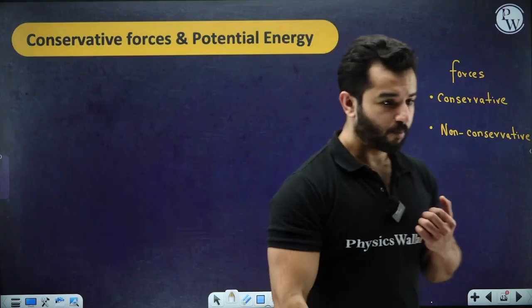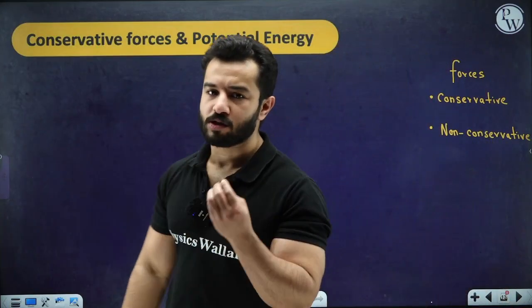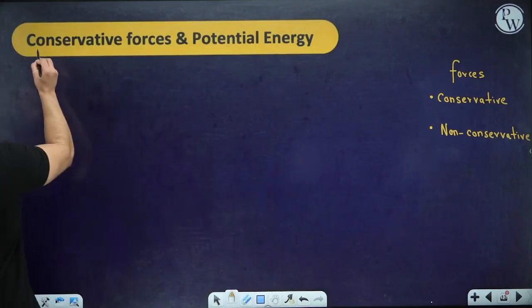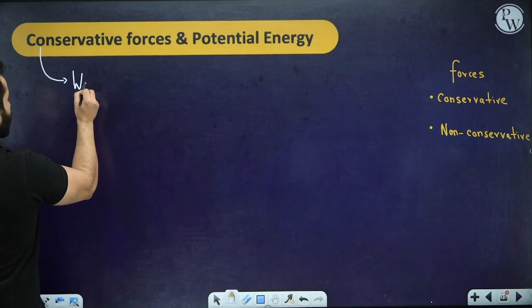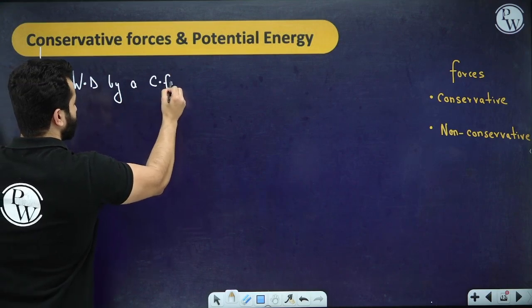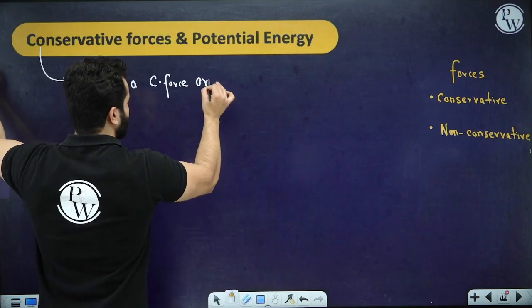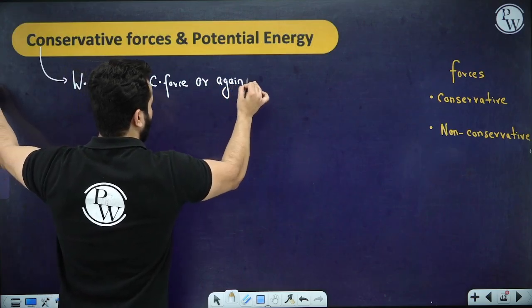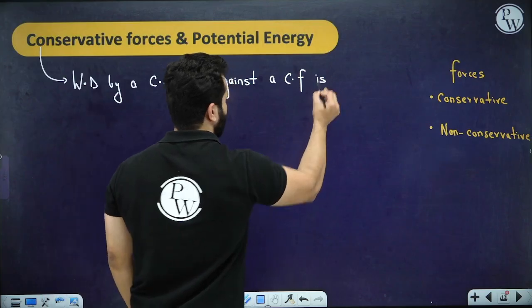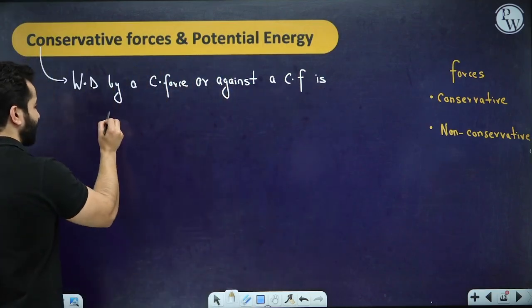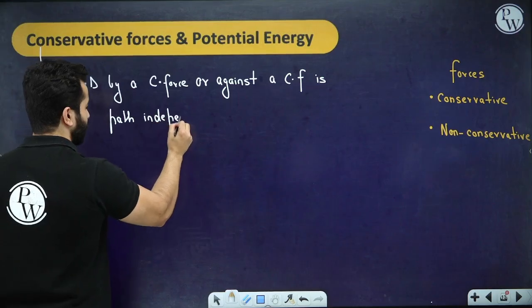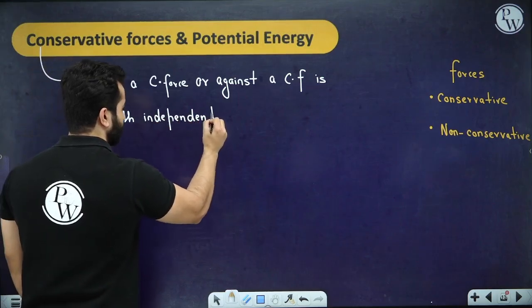They are different important points, notes, or properties of conservative forces, but we are going to define it something like this, that work done by a conservative force or against a conservative force is, first of all, path independent, right?